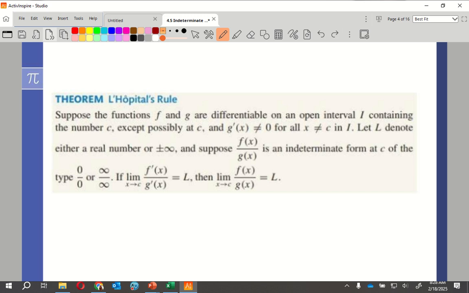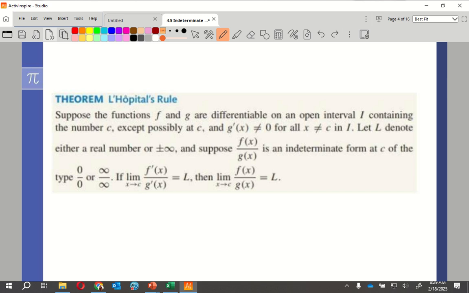L'Hopital's rule. Yes, it's L'Hopital's rule. Suppose the functions f and g are differentiable on an open interval I containing the number c except possibly at c, and g prime is not equal to 0 for all x not equal to c in I. Let L denote either a real number or plus or minus infinity, and suppose that f over g is the indeterminate form at c of the type 0 over 0 or infinity over infinity.